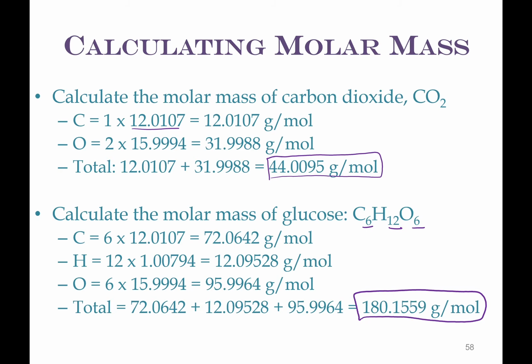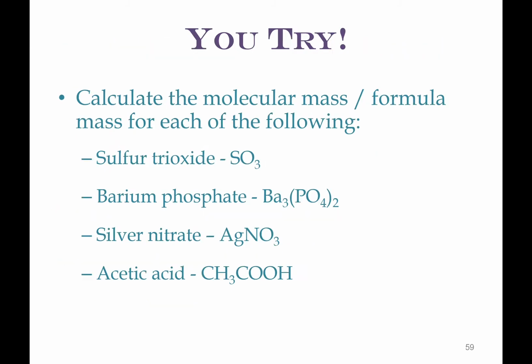I want you to pause and try each of these. So I'm going to give you the answers now because you paused it and tried it, but if you didn't, you need to go back and figure out how they came about. But one thing to note, in this formula like this one, this means there are 3 bariums.